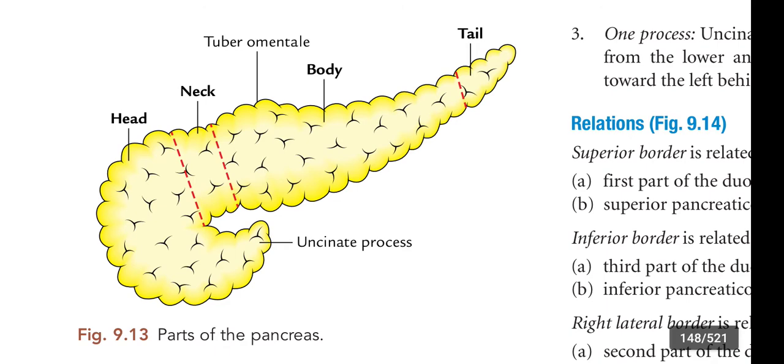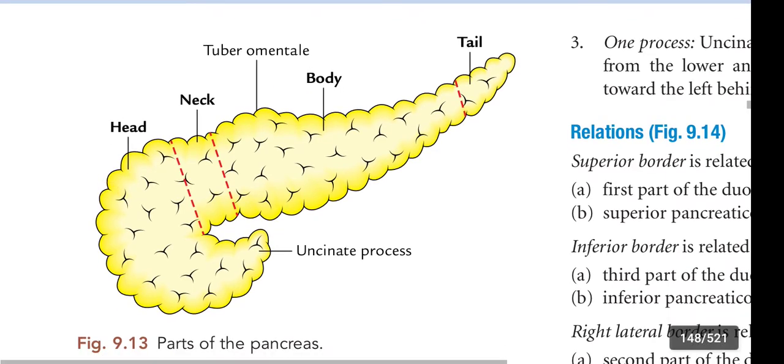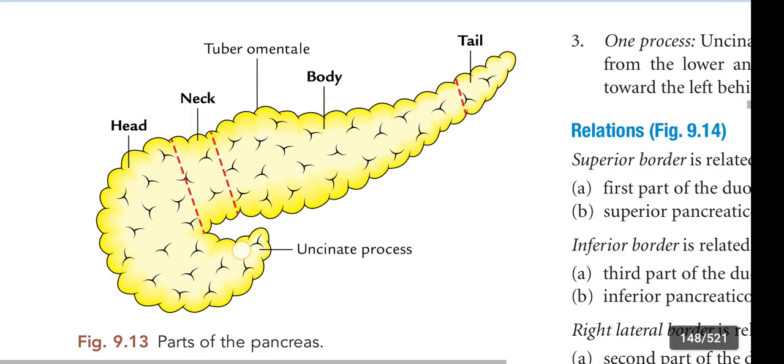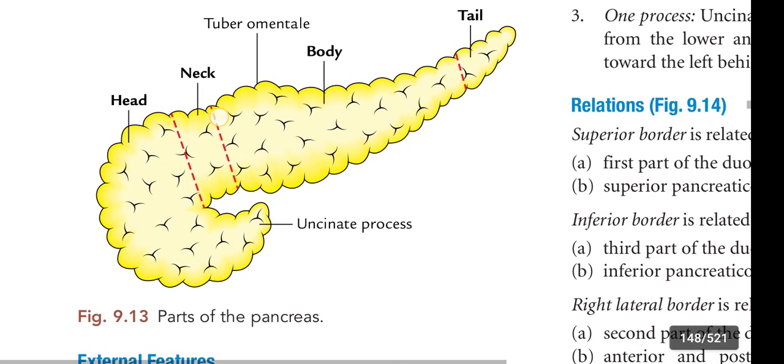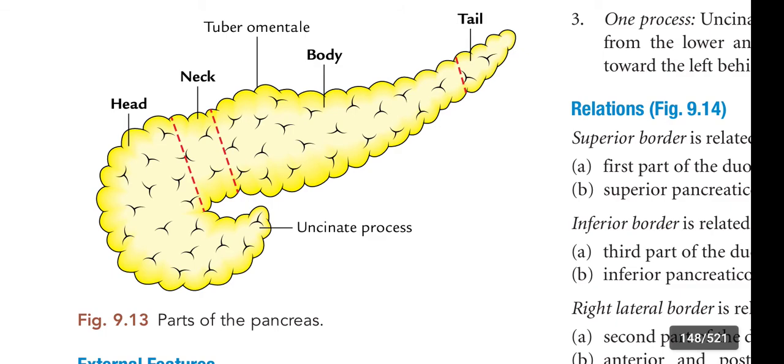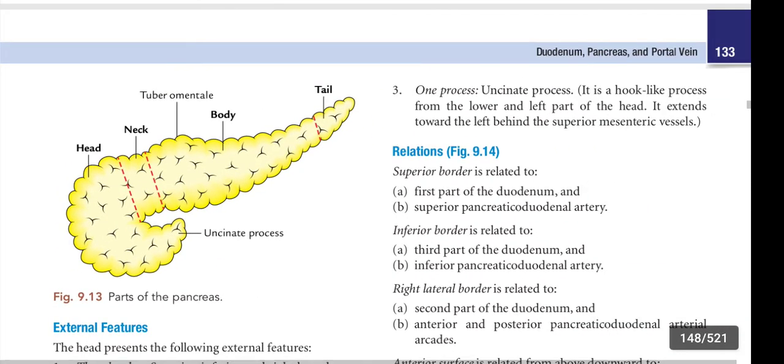The head has one process, called the uncinate process, and the body has one process, called the tuber omentale.